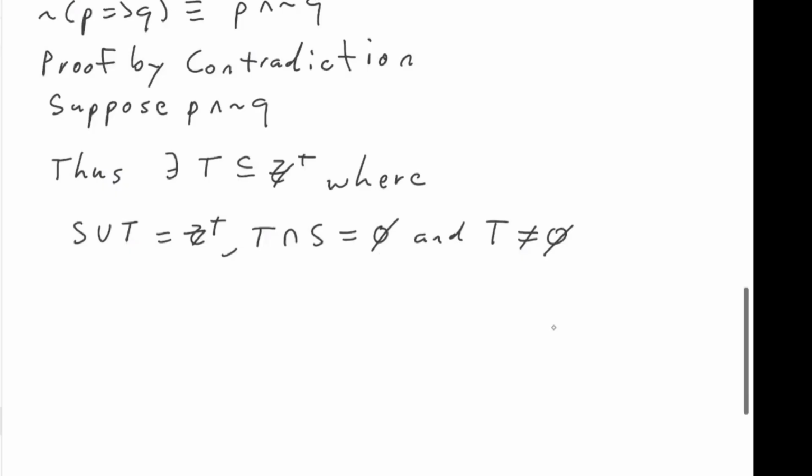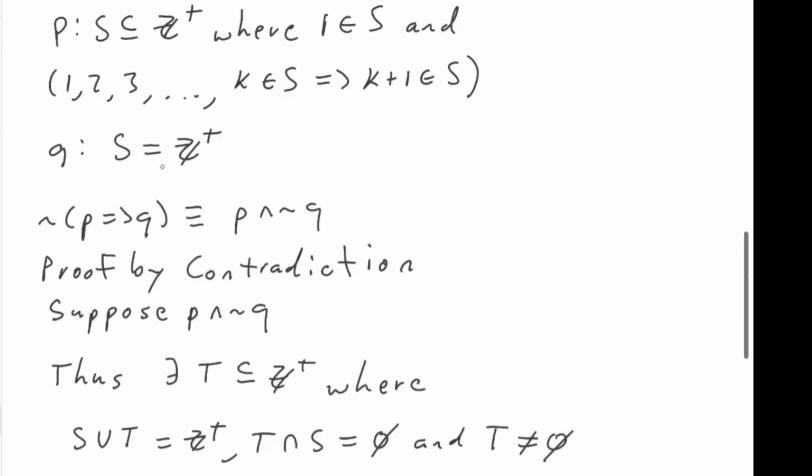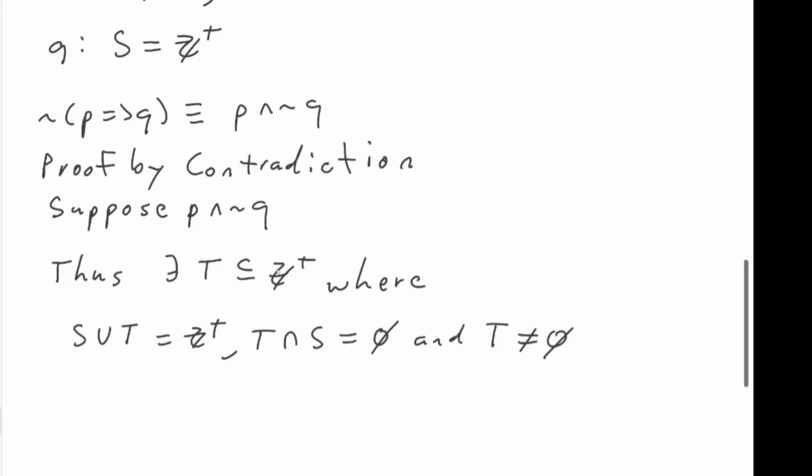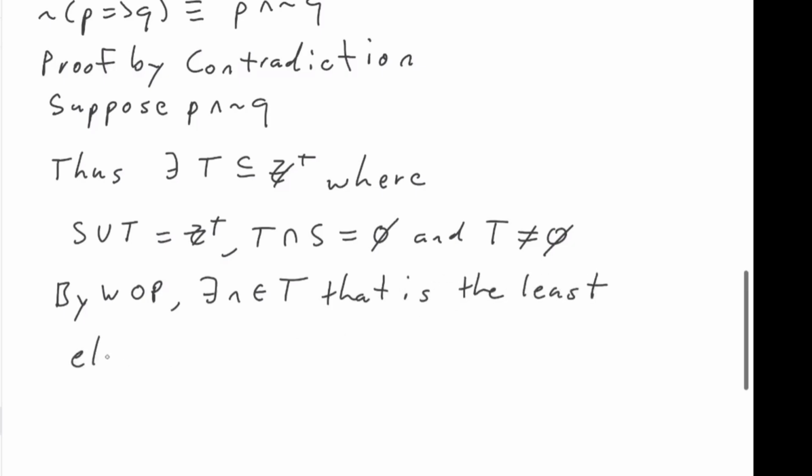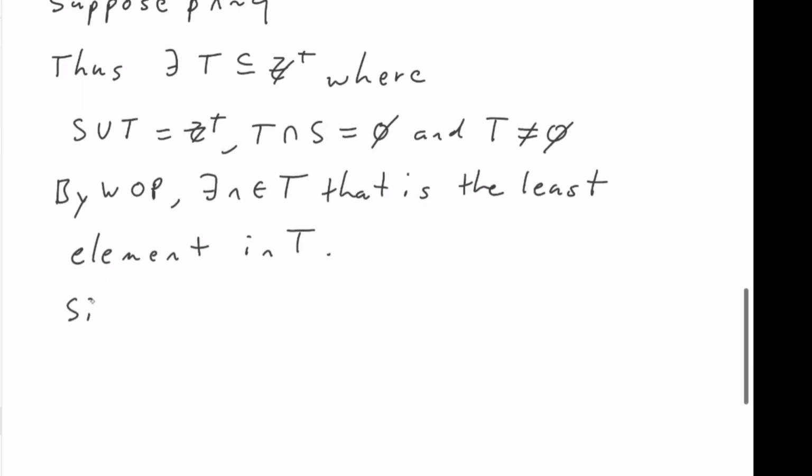Okay, so now since T, by the way we defined it, is a subset of the positive integers, and T is not empty, by the well-ordering principle, we know that there must exist an n contained in T that is the least element in T. Okay, and of course, from our assumption, since 1 is an element of S, this implies that n must be bigger than 1, right?